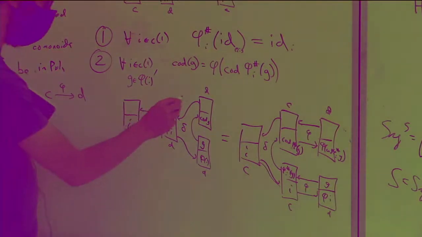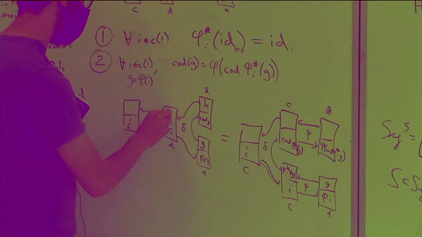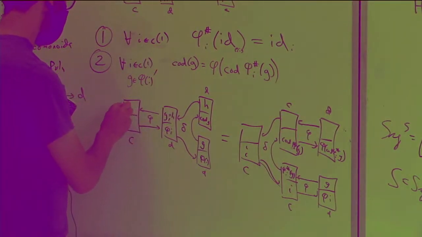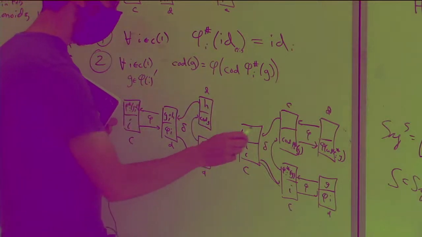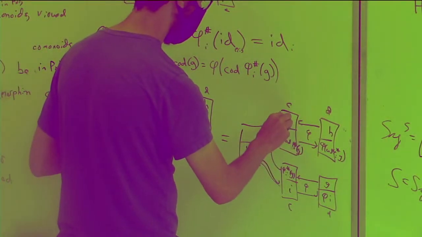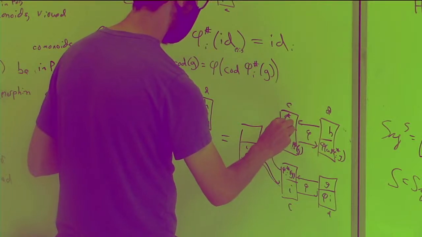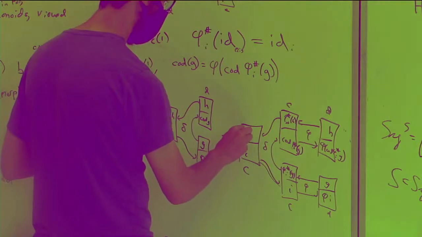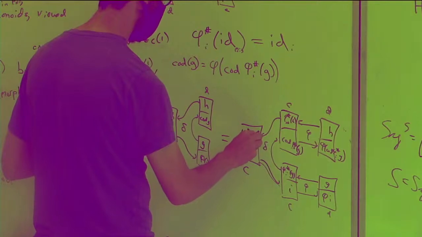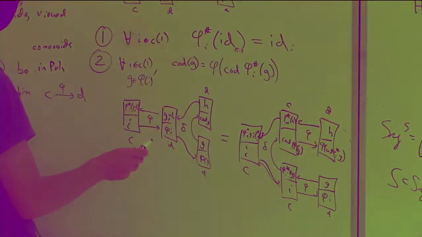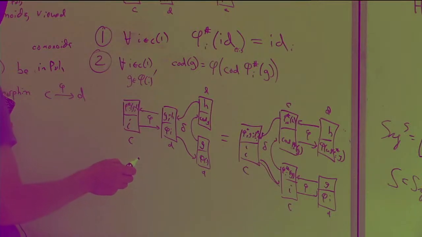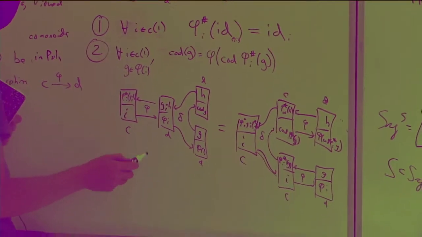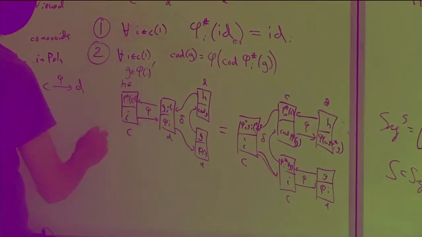And lastly, we know one more thing. If we take H, we do G composed H, and we do phi sharp I, G composed H, that's the same as phi sharp H, and then, okay, so number 3, so let's say we had an H in what?